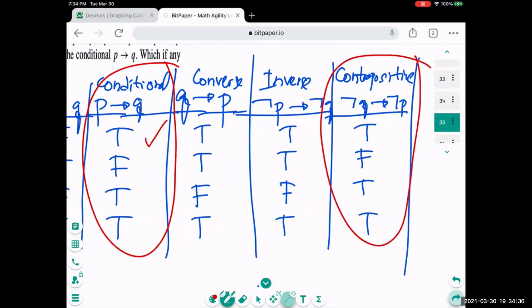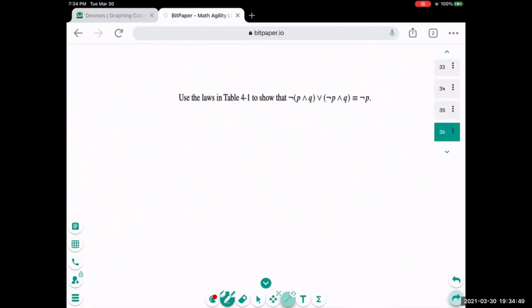So, true, true, false, false, true, true, and then true, true. Right? Okay. And then we have yung last nating question for today. So, ito naman yung, I thought this is the De Morgan's law.